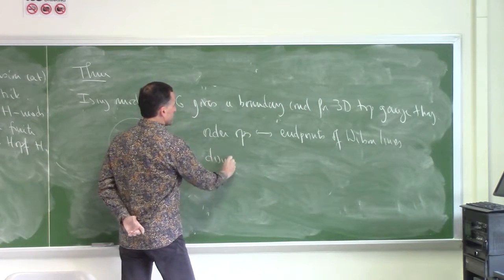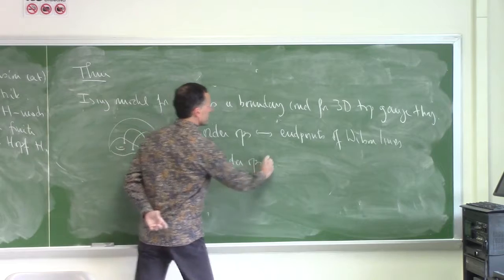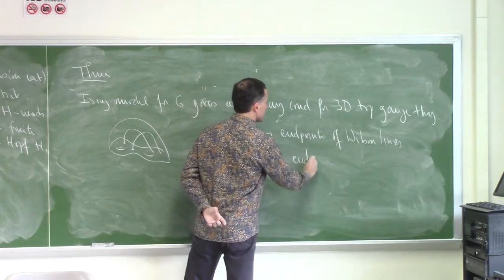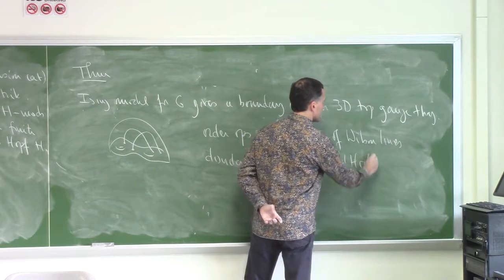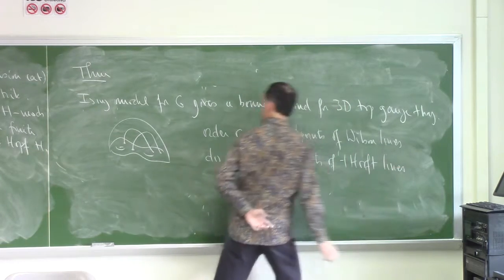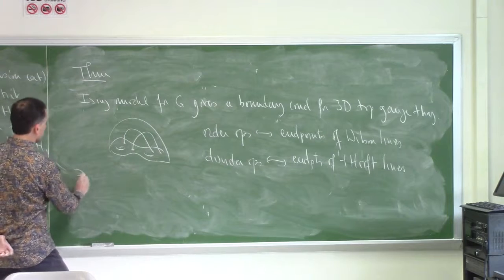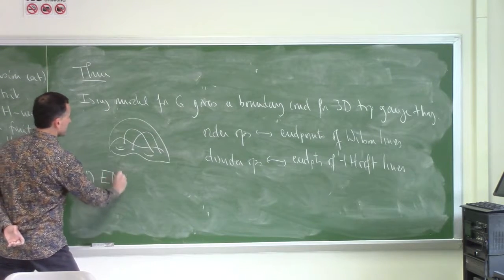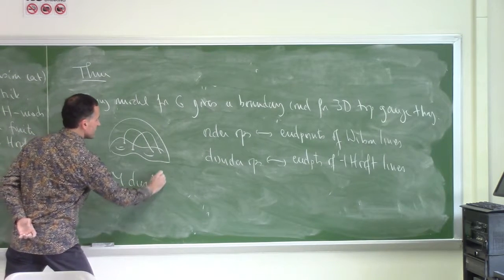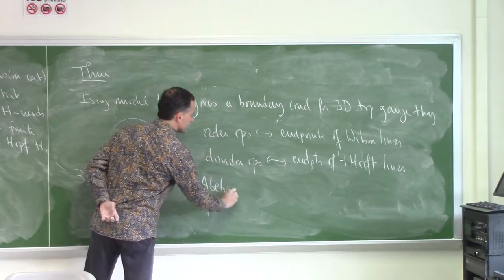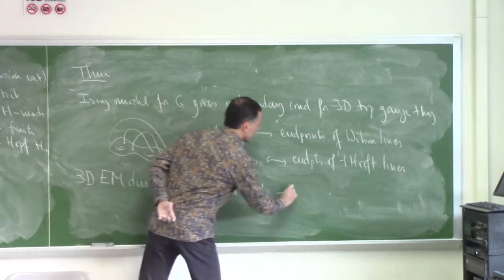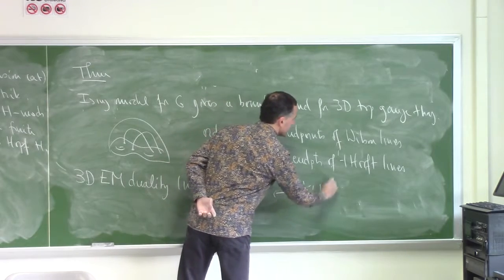So these order operators I mentioned are the endpoints of lines. And 3D electromagnetic duality, in the abelian case, corresponds to the Kramers-Wannier duality.